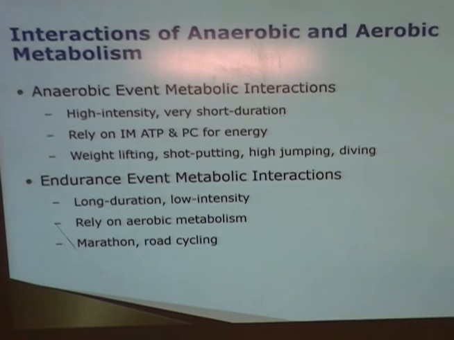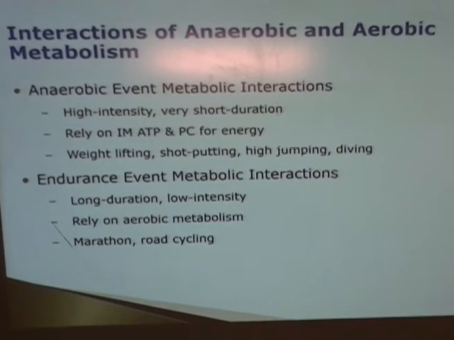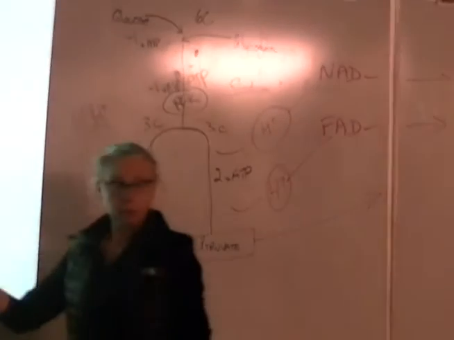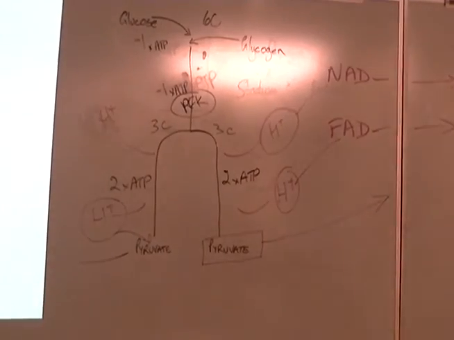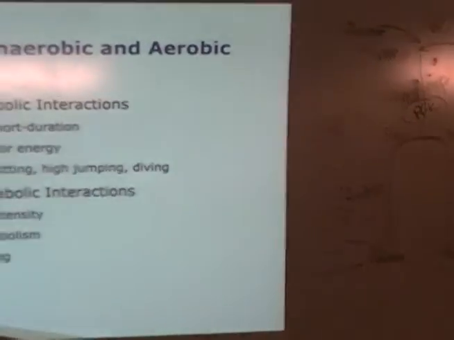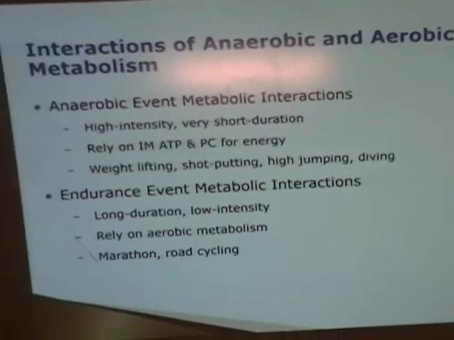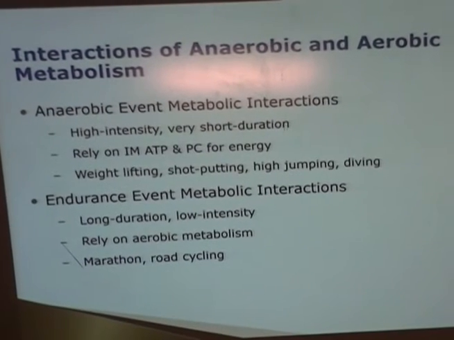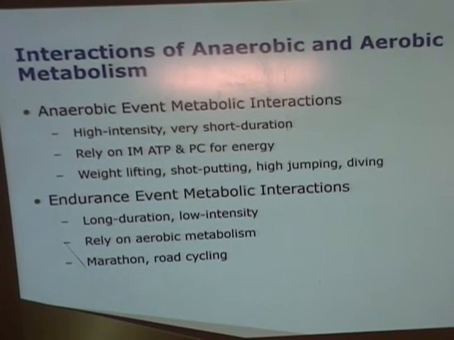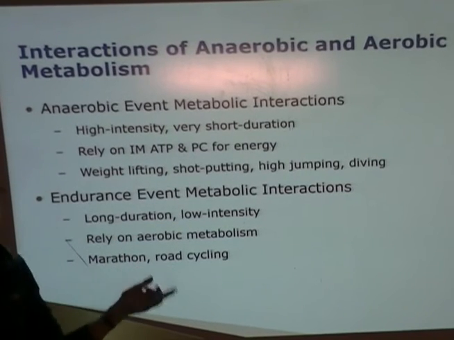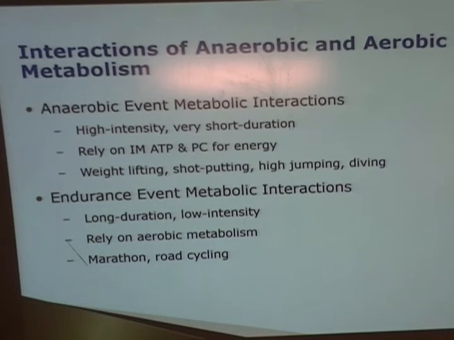On the other end of the scale, we're going to look at endurance metabolism. Aerobic metabolism for events that are longer than 3 minutes. And because they are longer, they are necessarily lower intensity than anaerobic events.